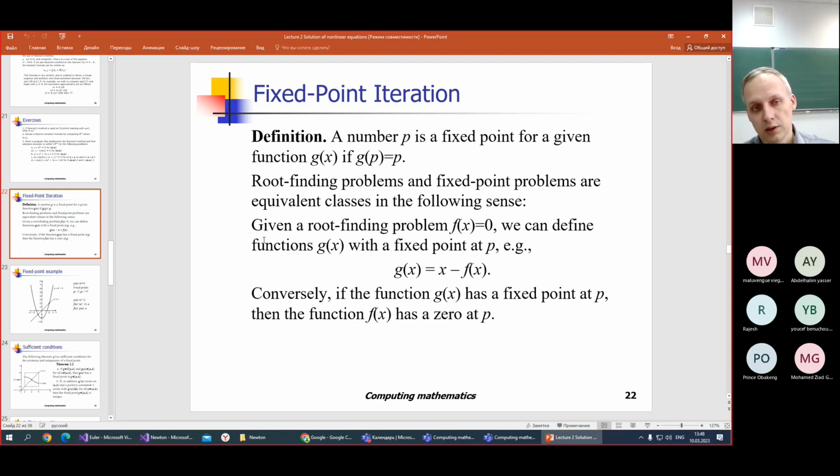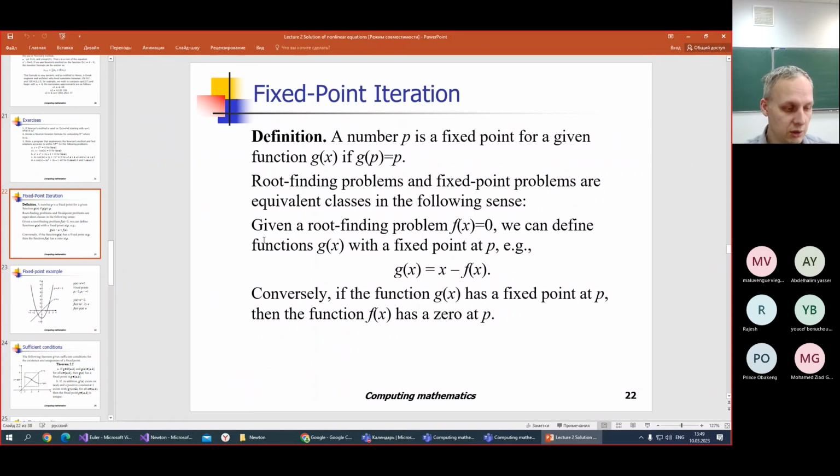First, let's consider some definitions. A number p is called a fixed point for a given function g if g of p equals p.